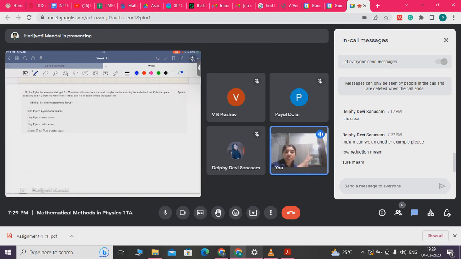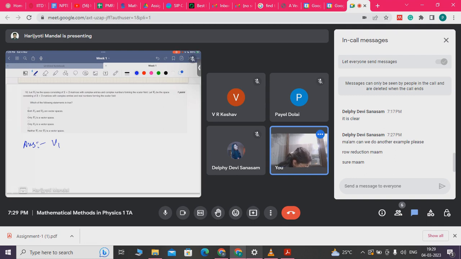So don't mix V1 and V2 in this question. You need to see if V1 forms a vector space, and separately you need to see if V2 makes a vector space, right? See those things and then choose options.